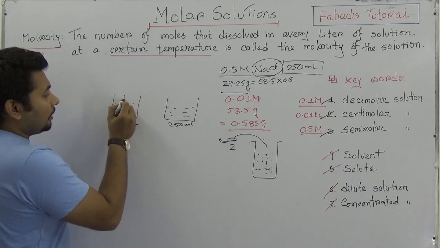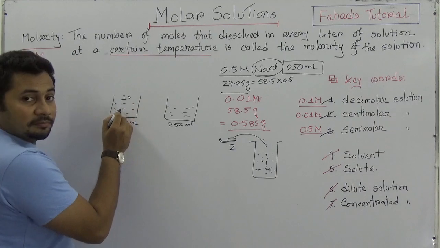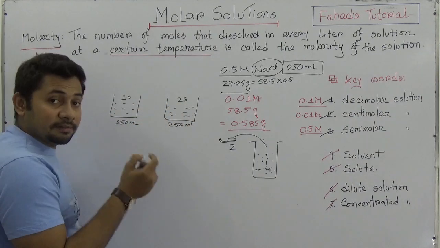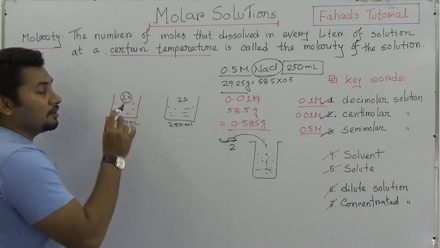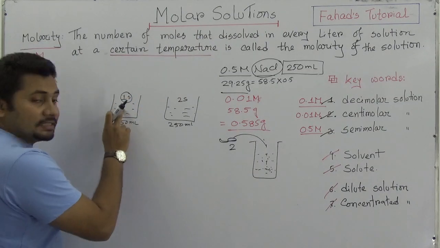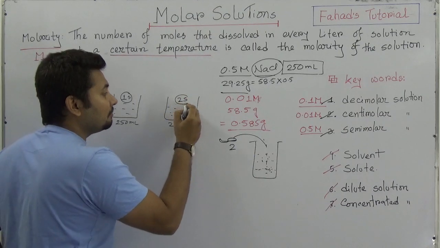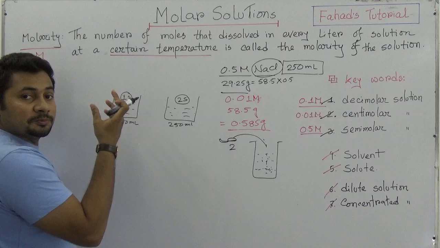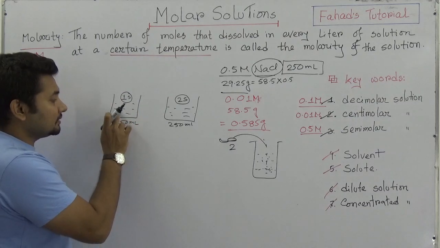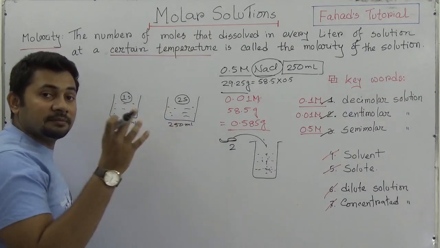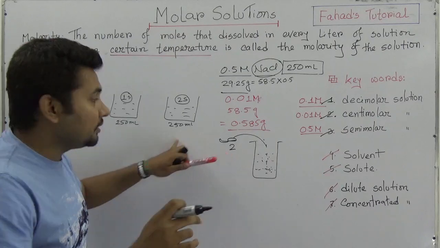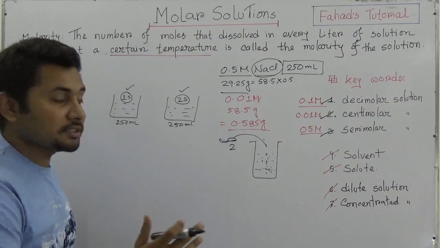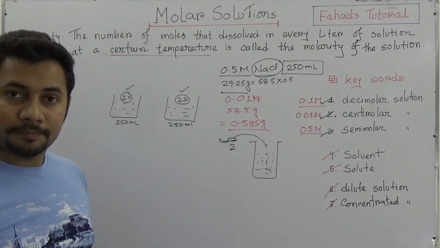If I give 1 spoon of sodium chloride there and I provide 2 spoons of sodium chloride here, now I think that the mass of solute is less here and the mass of solute is comparatively higher there. So 1 tablespoon of edible salt is mixed here and 2 tablespoons of edible salt is mixed here. So it would be a dilute solution and it would be a concentrated solution comparatively.